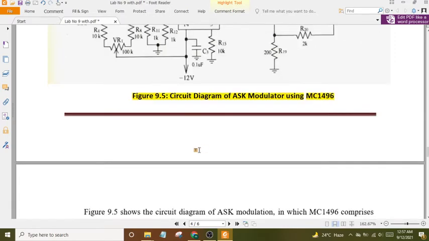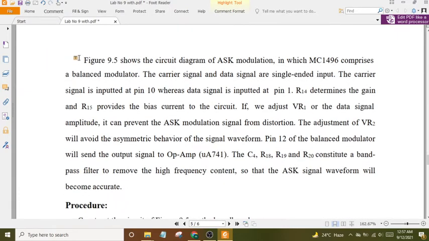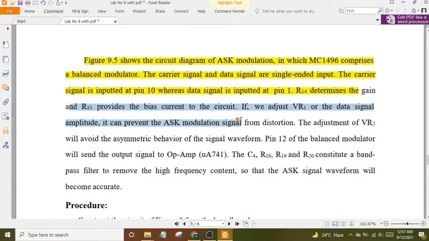Figure 9.5 shows the circuit diagram of BASK modulation in which the MC1496 comprises a balanced modulator. The carrier signal and data signal are single-ended inputs. The carrier signal is input at pin 10, whereas the data signal is input at pin 1. R14 determines the gain and R15 provides the bias current to the circuit. If we adjust VR1 or the data signal amplitude, it can prevent the BASK modulated signal from distortion.